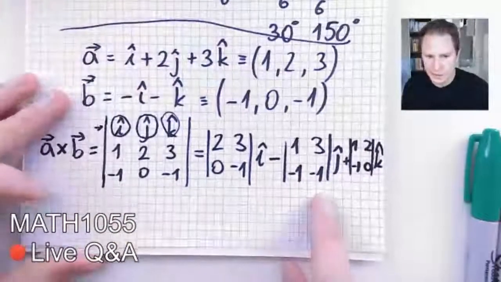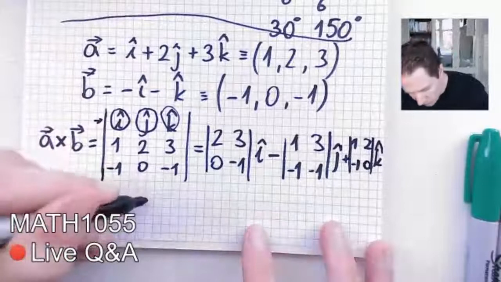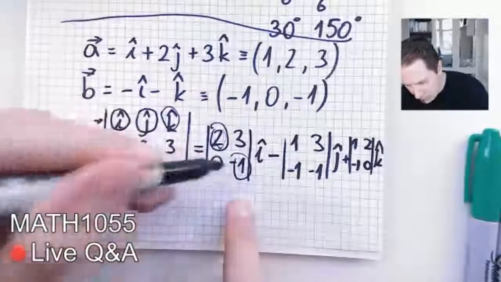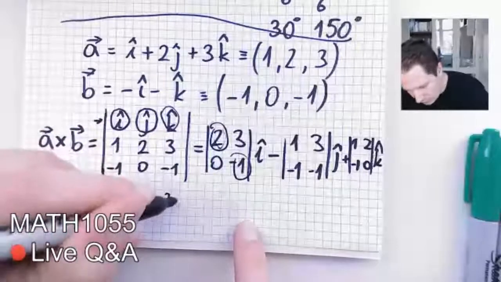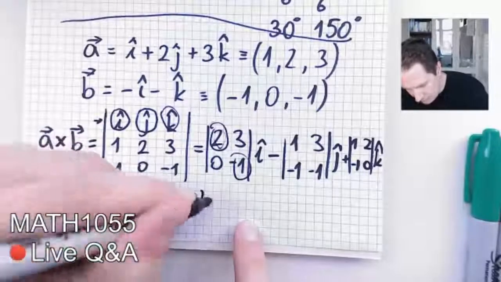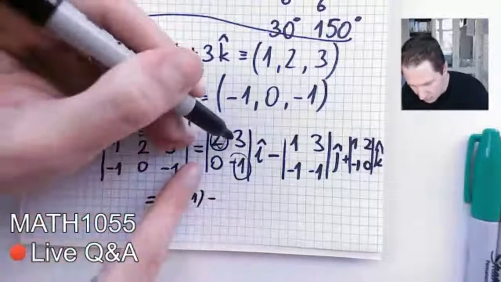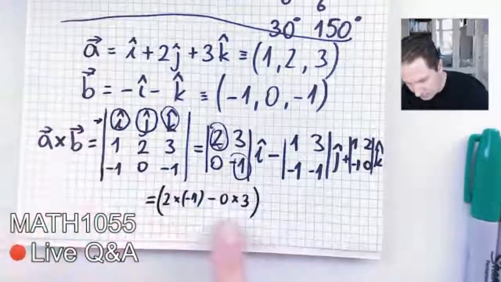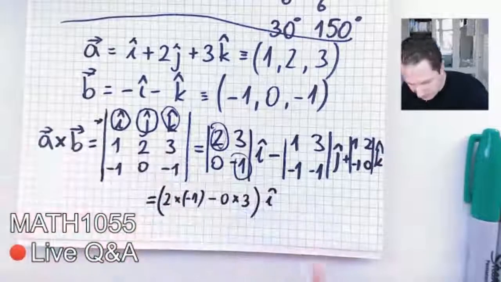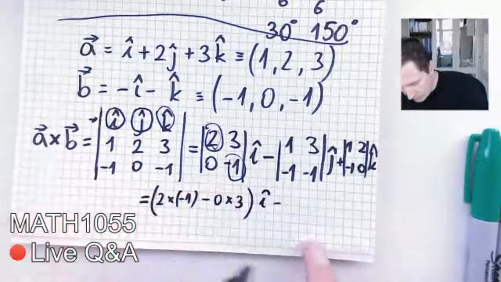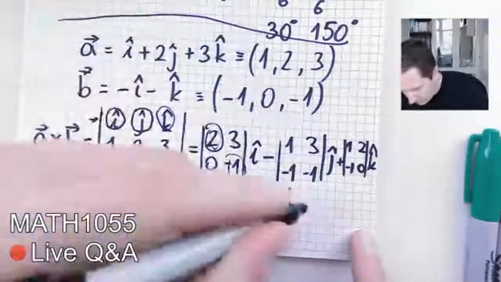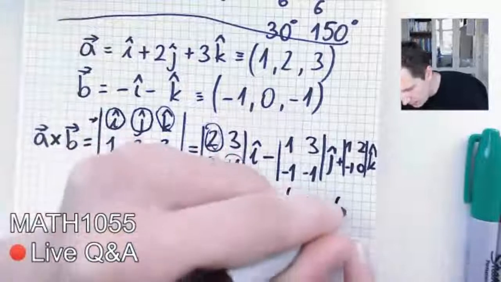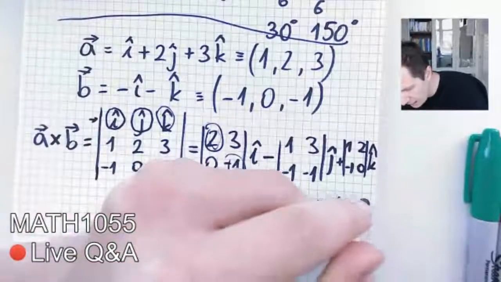And these 2x2 determinants can be easily calculated. What you do is multiply the diagonal elements, so that's 2 times -1, and subtract the product of the off-diagonal elements. That gives you the coefficient of i hat. Now with the minus, we get 1 times -1 minus -1 times 3.